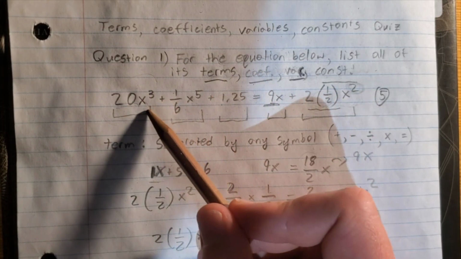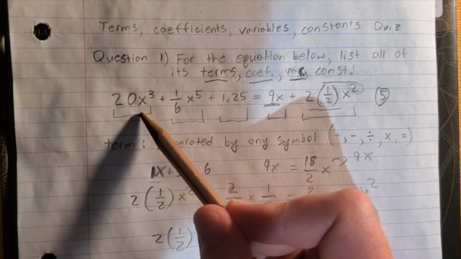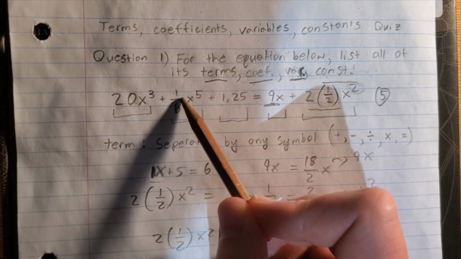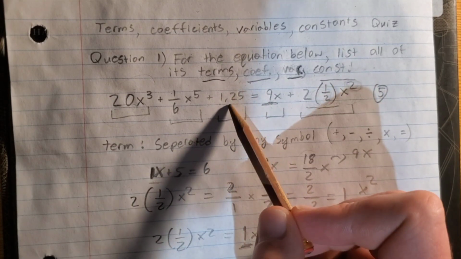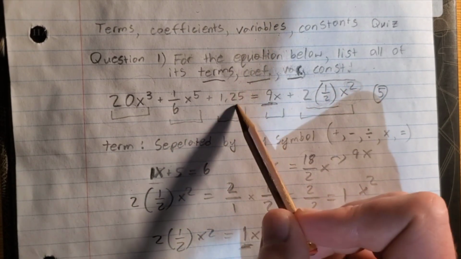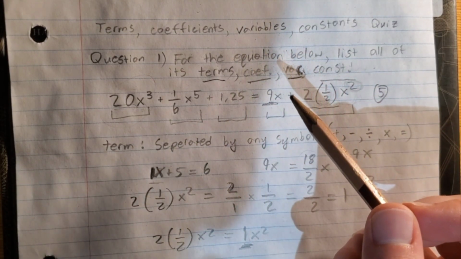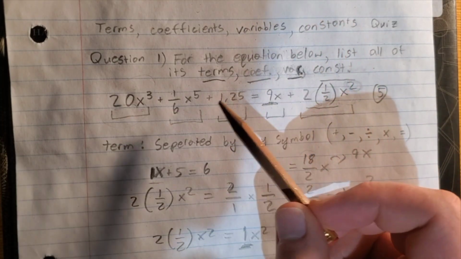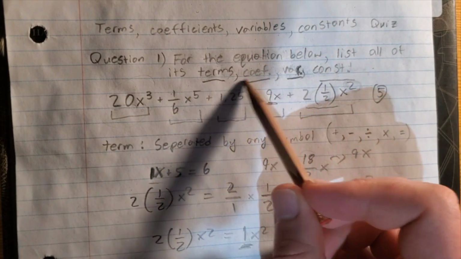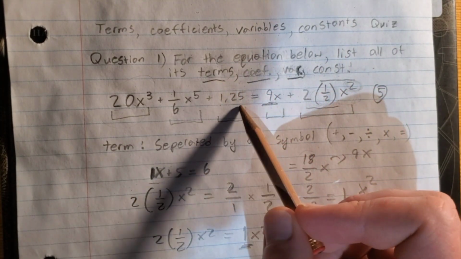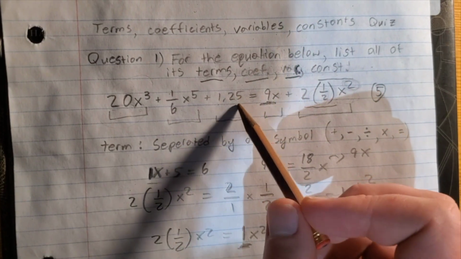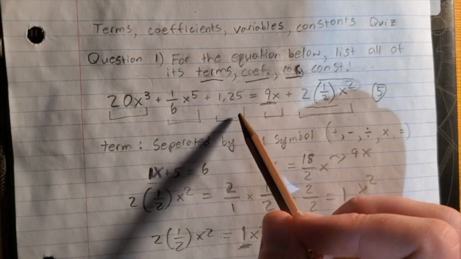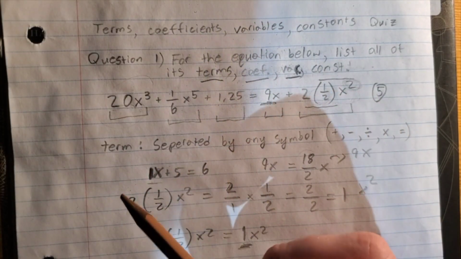What about 1.25? What happens here? Nothing happens here. It's just 1.25. It's always 1.25. It's on its own. It's not affected by anyone. Regardless of whether x equals 5, 10, a million, it doesn't matter. 1.25 is always going to be 1.25.